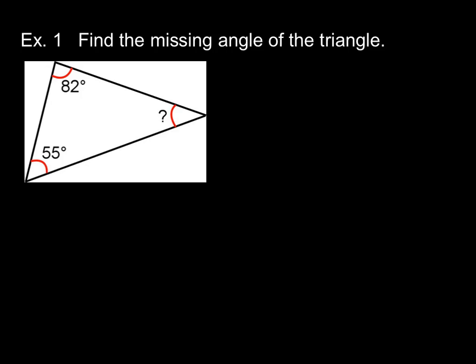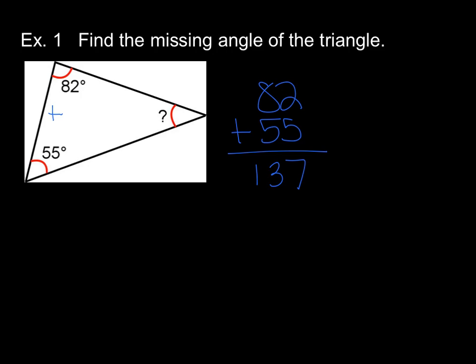So pretty much what you have to do is take the two angles that are given to you and add them together. So 82 plus 55, and we get 137.